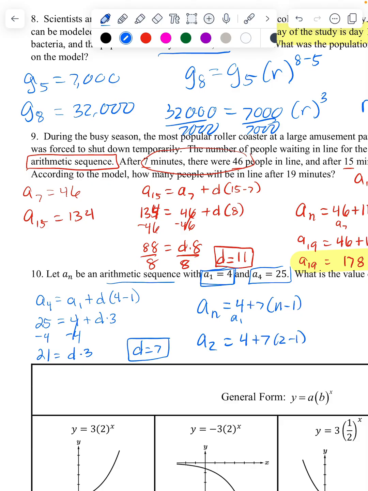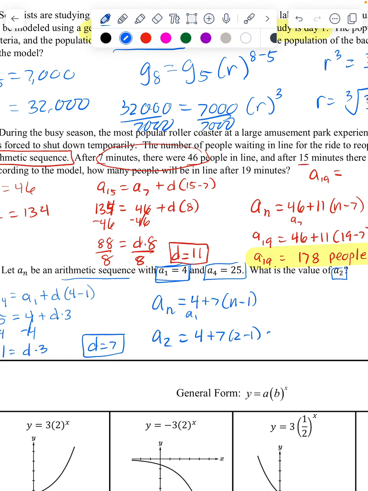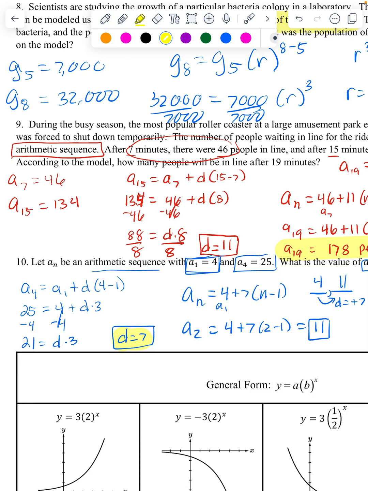Now, you guys are big brain people. So you're probably realizing that if I know the 1st term is a 4, and I know my common difference is adding 7, I could probably figure out that my 2nd term is 11 without showing that work. That would all be fine as long as you determined this first 7, and then in some form or fashion, you showed how you got that 11.